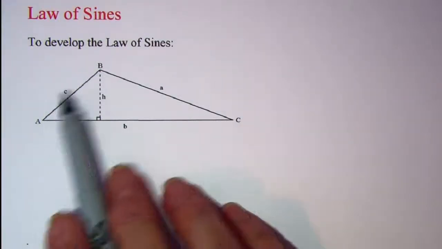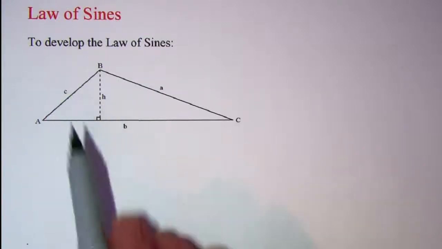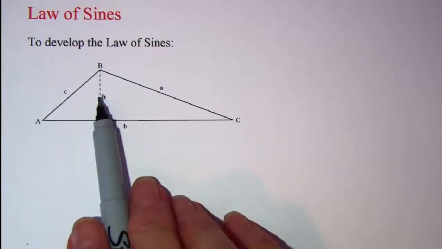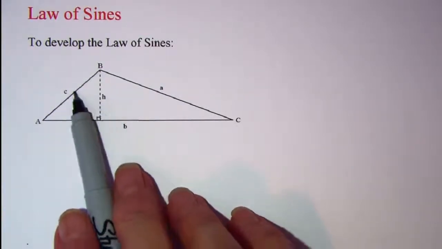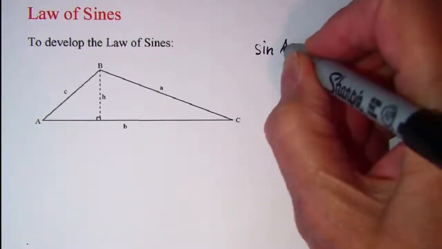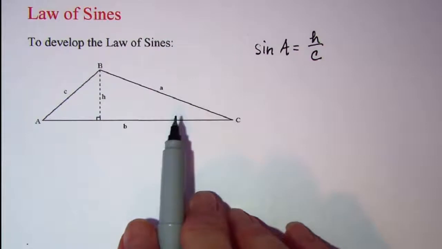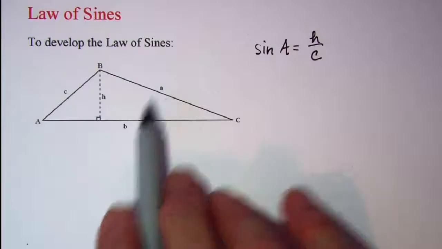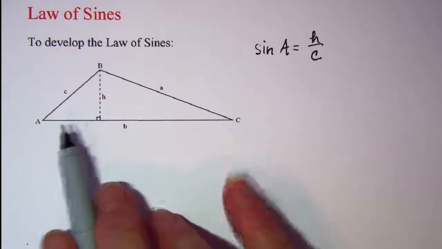So on the left triangle here we have H and we have C. We don't know this line segment, so we're going to use the sine of angle A equals H over C. And then on the right triangle, we have H again, and we have A. This B is actually the entire length of the base of the triangle.